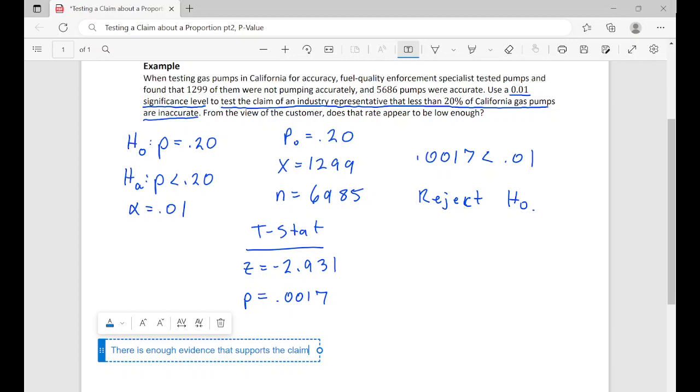So we have enough evidence that supports the claim that less than 20% of gas pumps in California are inaccurate.